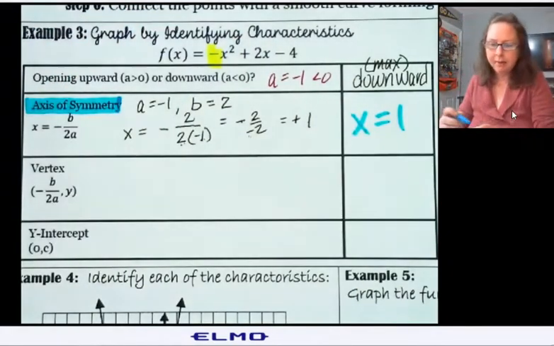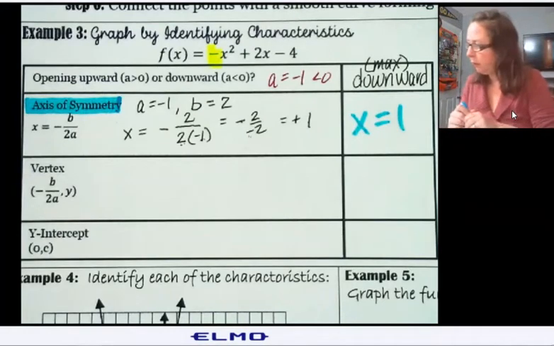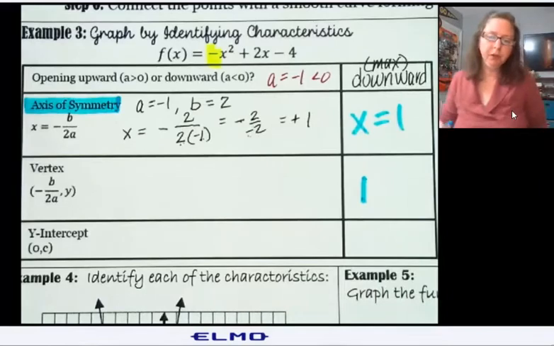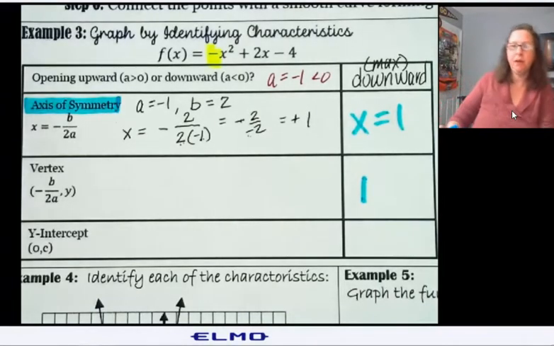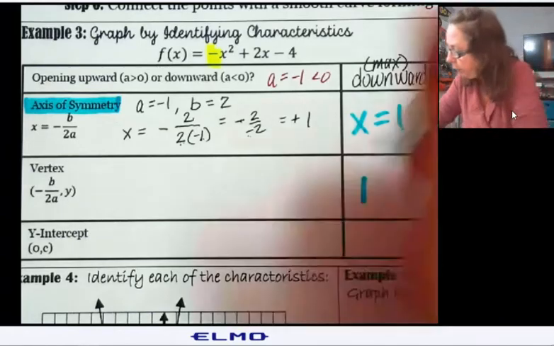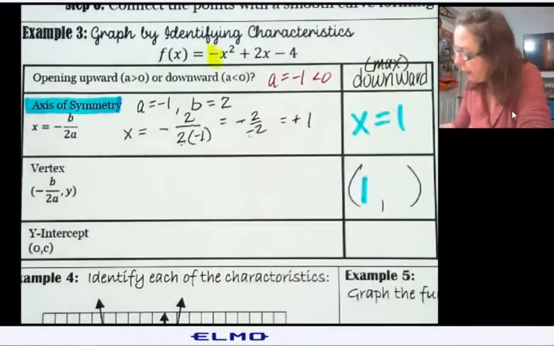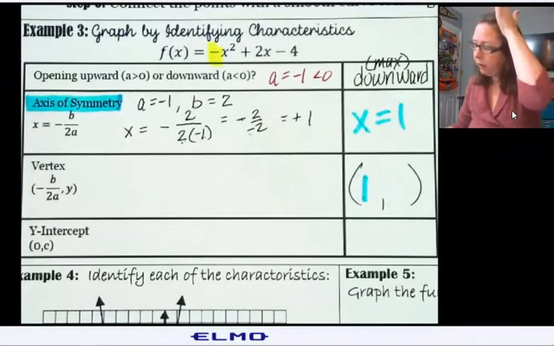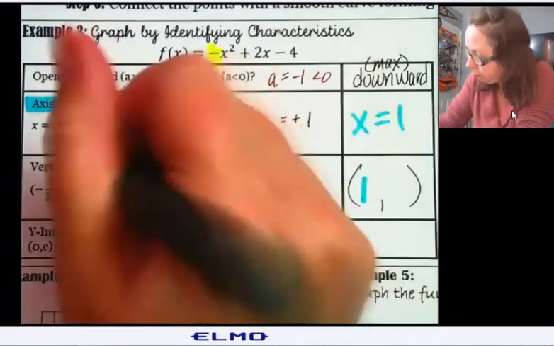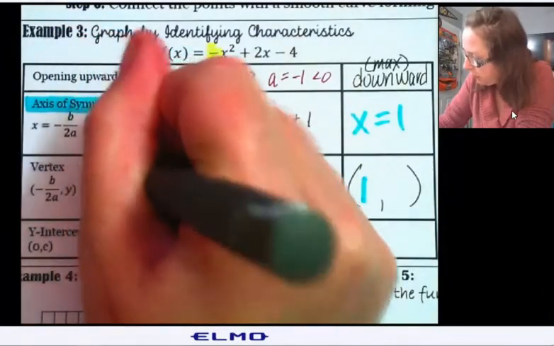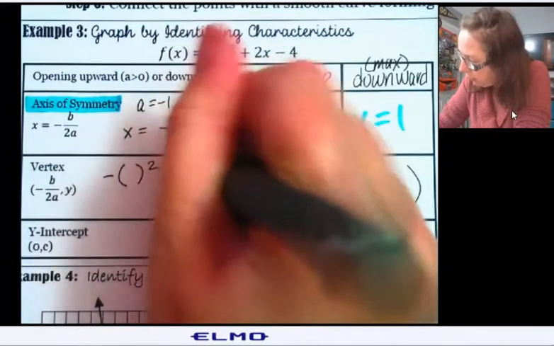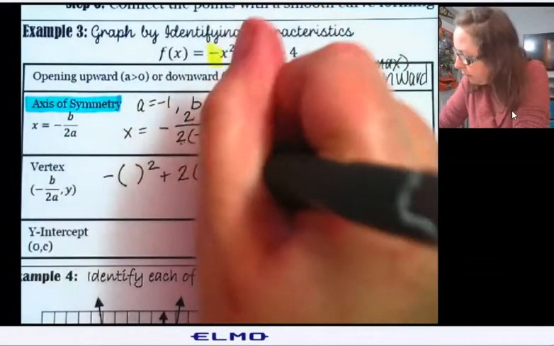Now, how do I identify my vertex? Well, the axis of symmetry is the x value of the vertex. So I'm going to go ahead and just bring that down. And this will be an ordered pair. So what I'm going to need to do is to just plug in this number. So negative x squared plus 2 times x minus 4.